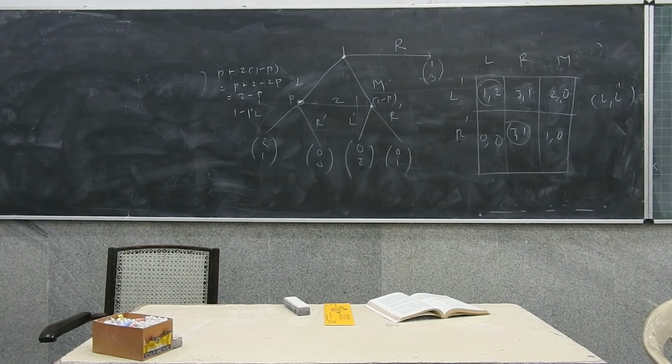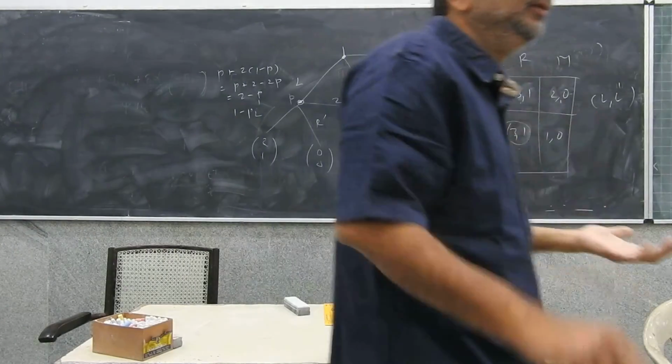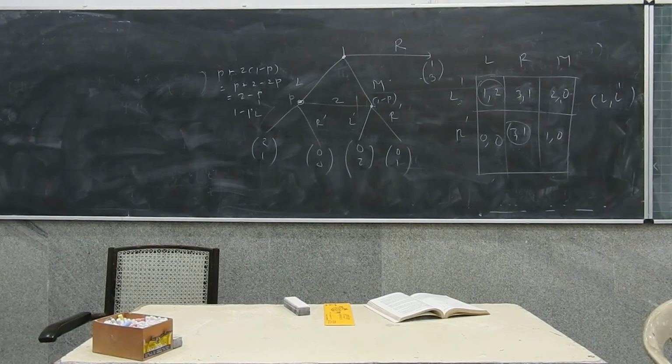So let us now formalize this reasoning in terms of some requirements which have to be satisfied by any equilibrium. What we have in this case is what is called a perfect Bayesian Nash equilibrium. Because we got a subgame perfect Nash equilibrium, like that we have a perfect Bayesian Nash equilibrium, because now we have beliefs as well.